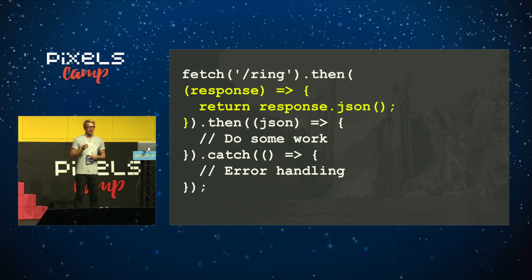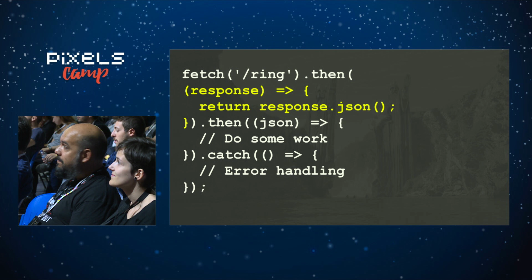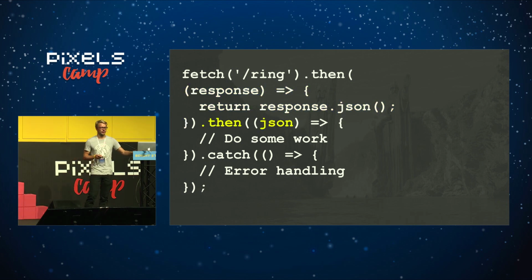And when we do this, we can mutate the data any way that we want. We can do whatever we want with it. And if we return again, then the next callback in the chain, so this then here, is going to get what we returned in the previous callback. So this way, we can chain promises all the way down and never go deeper than one level, which makes our code a lot easier to reason about, and it also makes it look nicer.